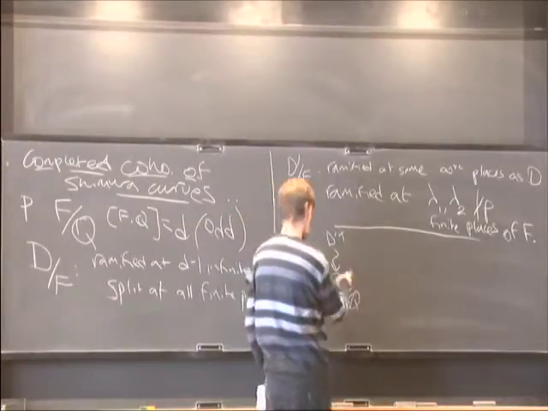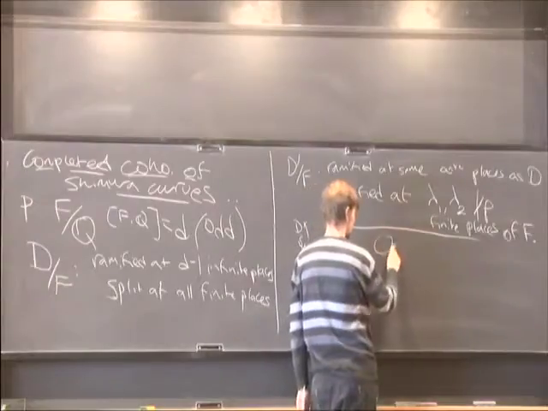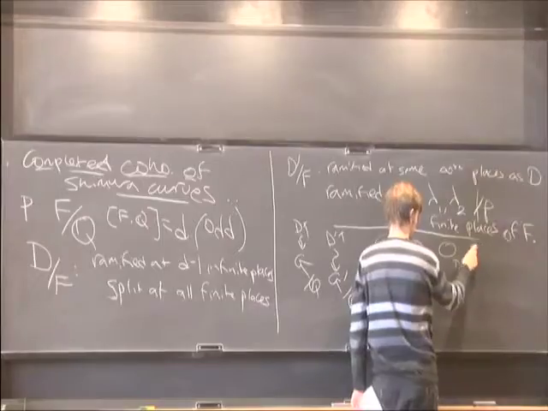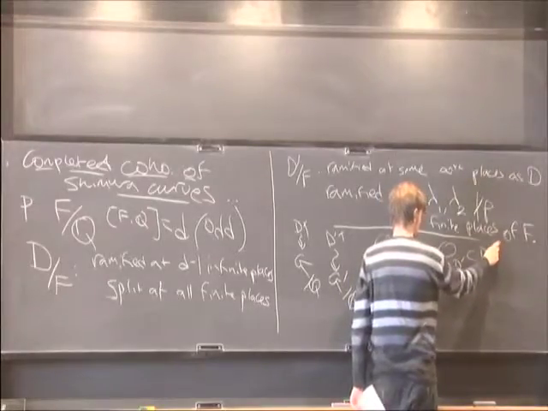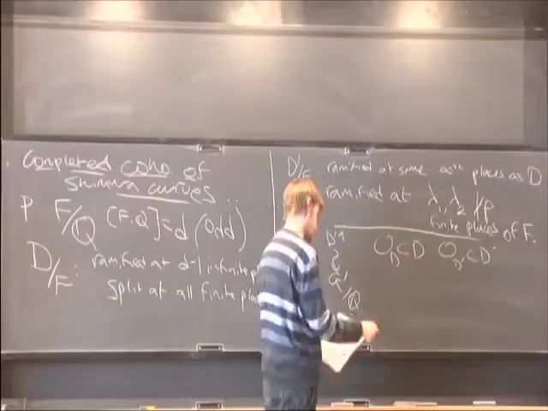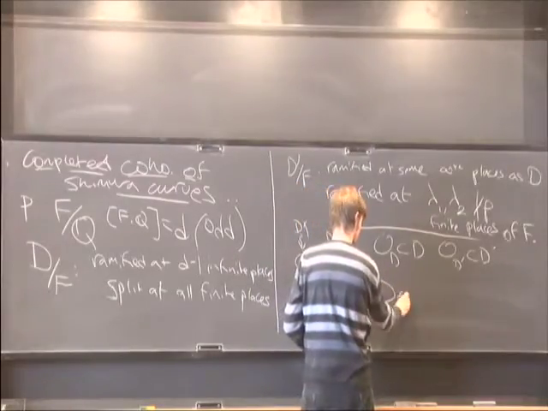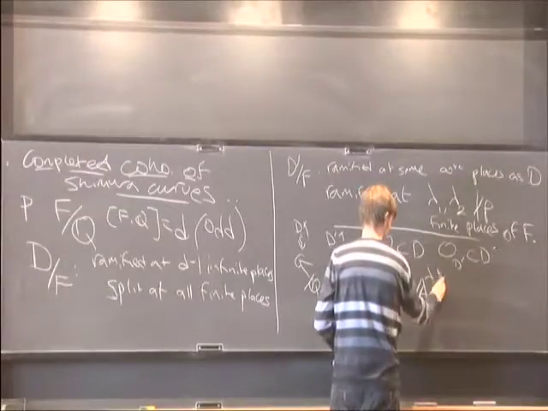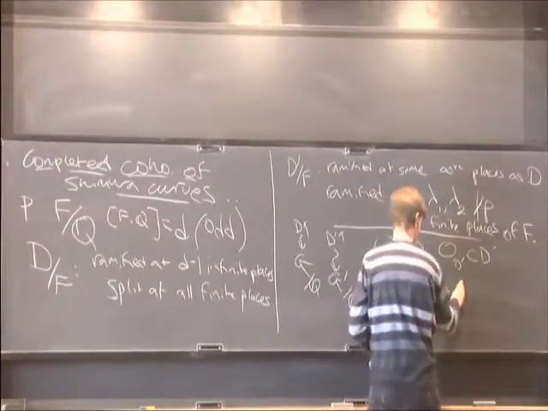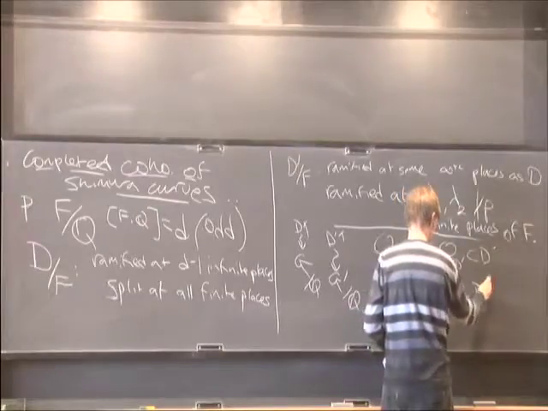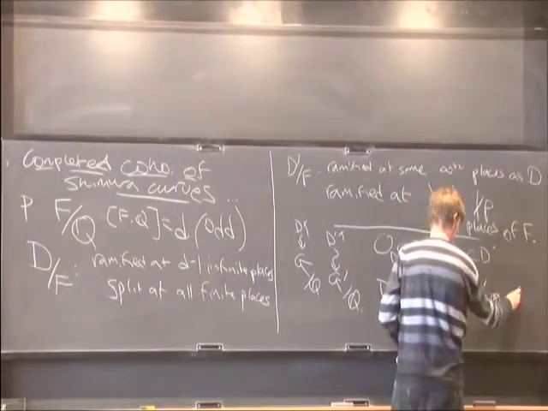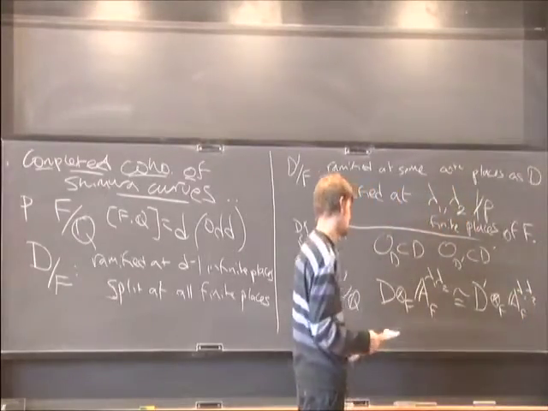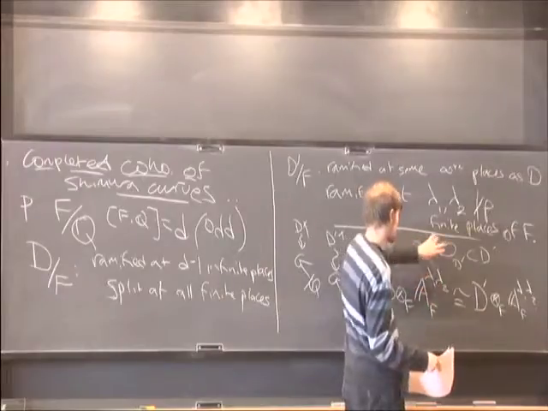And I'm going to fix maximal orders inside the quaternion algebras, and an isomorphism between these two algebras at the places away from lambda 1 and lambda 2. And this isomorphism should be compatible with the choice of maximal orders.